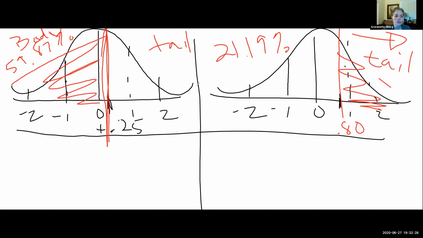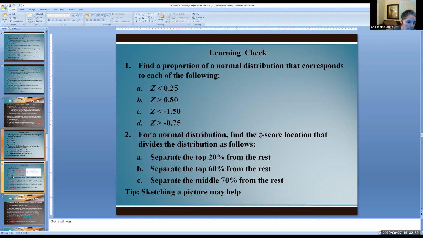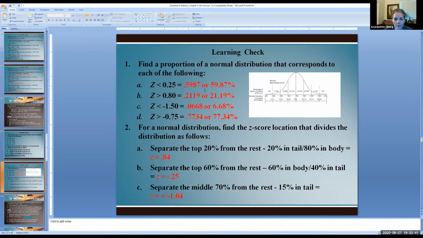Okay, so let's just go back and check those numbers. 59.87, 21.19. And there we go, okay? And so I'll let you do the next two on your own.